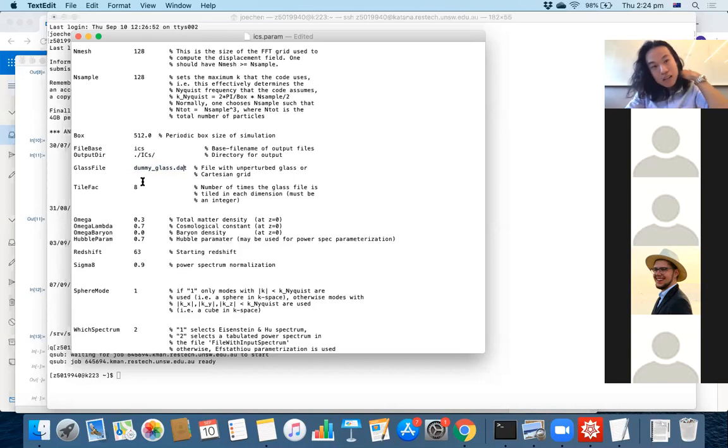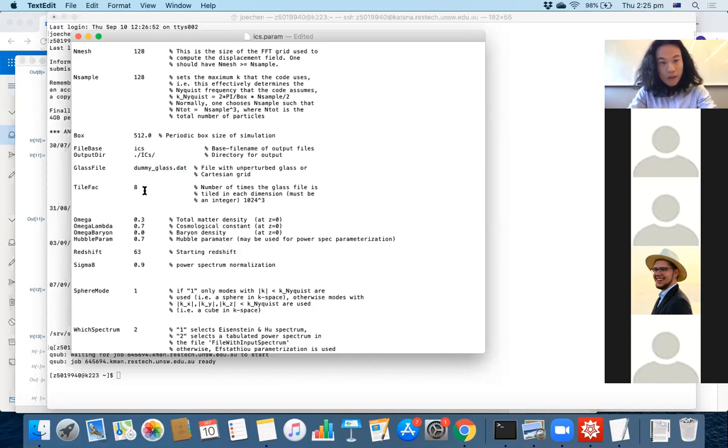The problem with this glass file is that it only has 16 cubed particles in it, in a regular 16 times 16 times 16 grid. If you want more particles, you have to tessellate this glass box however many times to get the number of particles you need. For example, if I want 1 billion particles, I need 1024 cubed particles in the box.